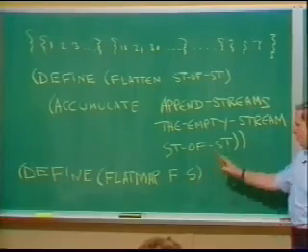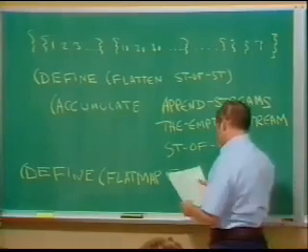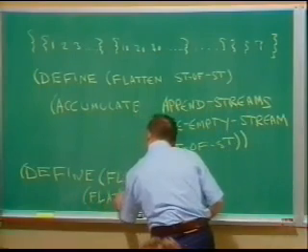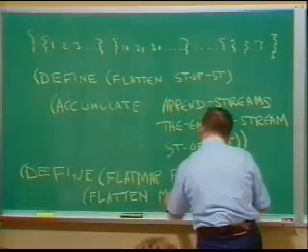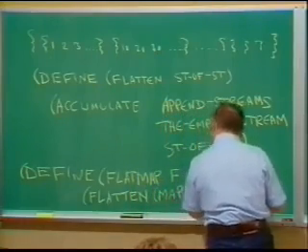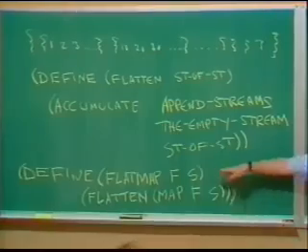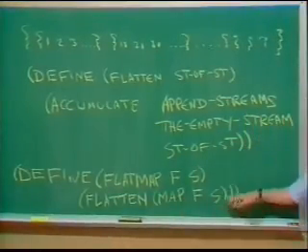And what I want to do is take all of the elements in all of those streams and combine them together. So that's just going to be flatten of map f down S. Each time I apply f to an element of S, I get a stream. If I map it all the way down, I get a stream of streams, and I'll flatten that.